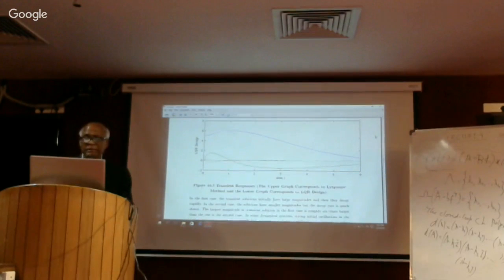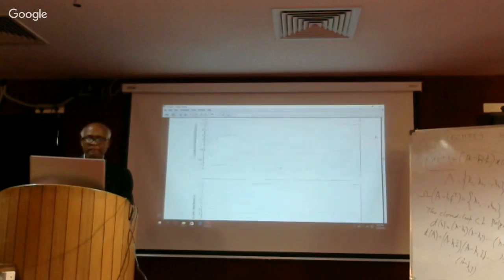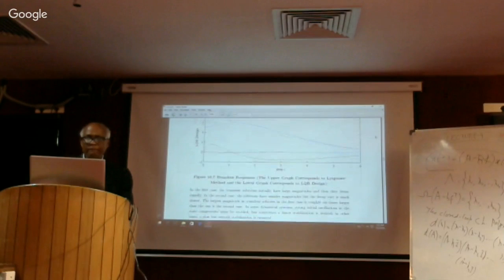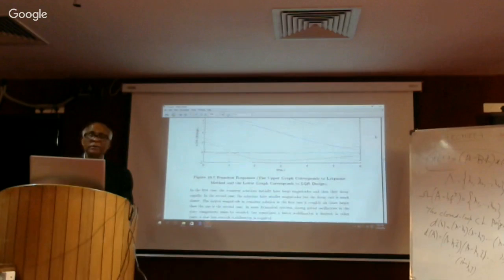Initially there were some strong jumps and strong oscillations. There are some oscillations in this case, but in the other case, the initial oscillations are much larger than in this case.